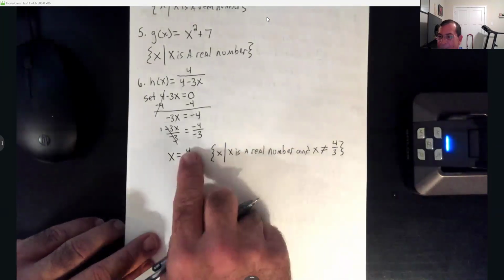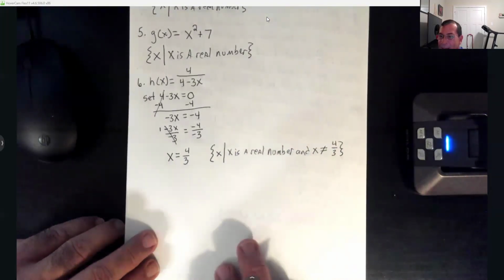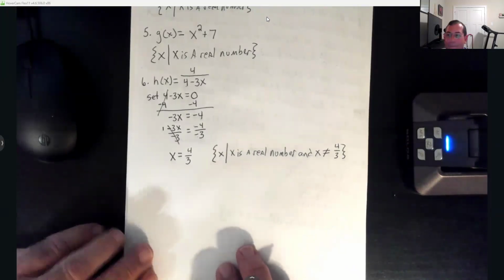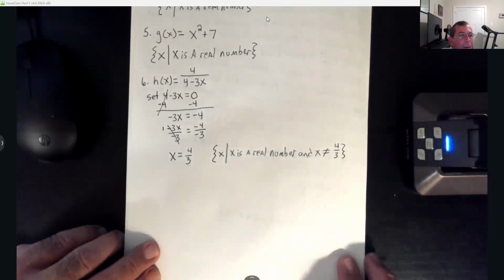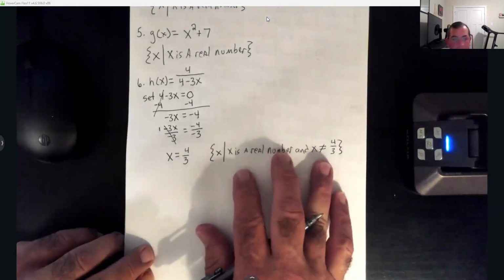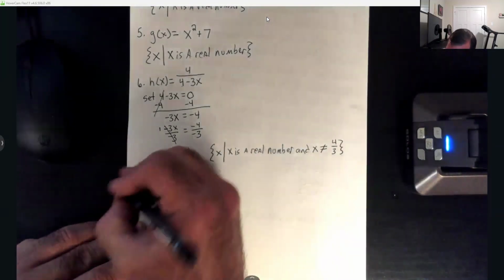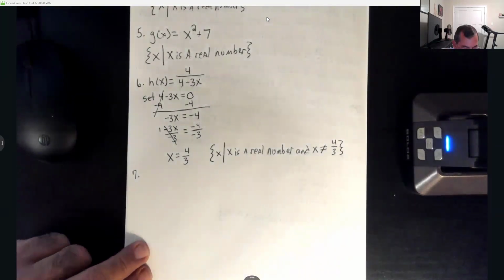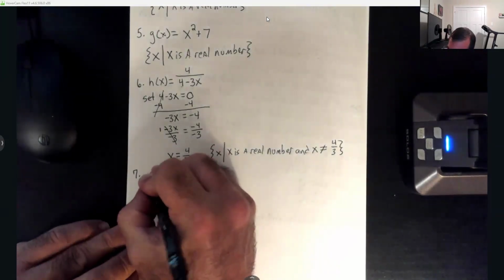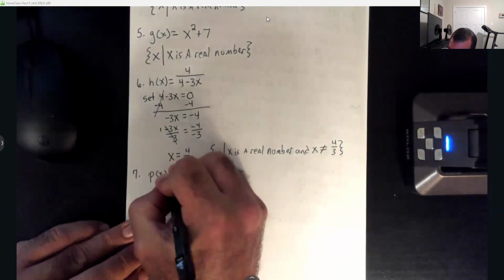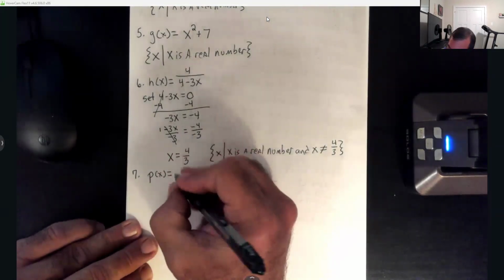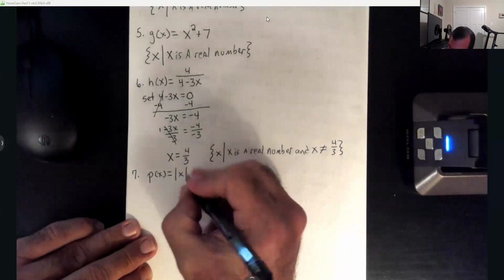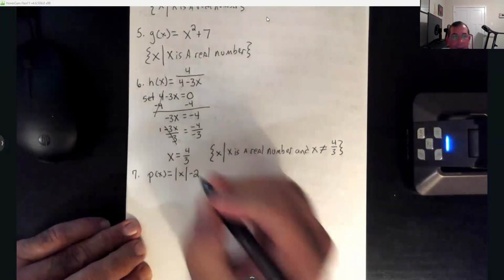So y'all good on that one? Any questions? All right, I'm not seeing anything, so let's try number 7. P of x equals the absolute value of x minus 2.